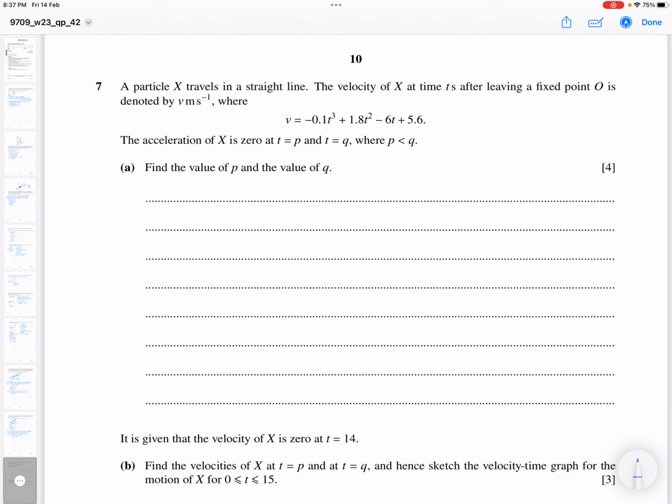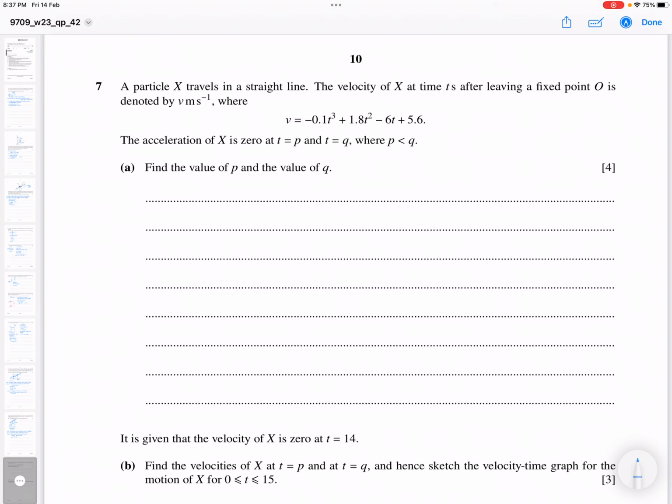Question number 7. A particle x travels in a straight line. The velocity of x at the time t seconds after leaving a fixed point O is denoted by v meter per second, where v is this. The acceleration of x is 0 at t equal to p and t equal to q, where p is less than q. Find the value of p and the value of q.